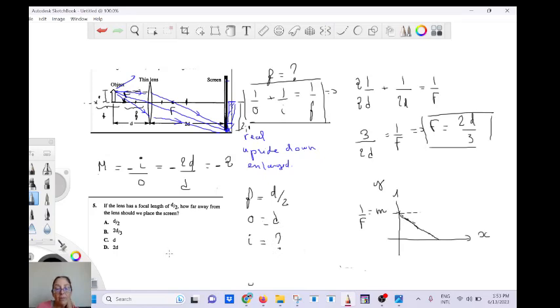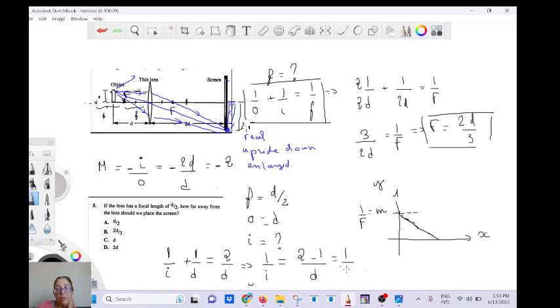So we're going to have 1 over the distance to the screen, so the image, plus 1 over d equals 1 over f, so it's going to be 2 over d. So 1 over I equals 2 minus 1 over d.